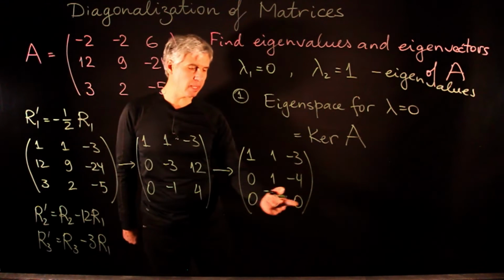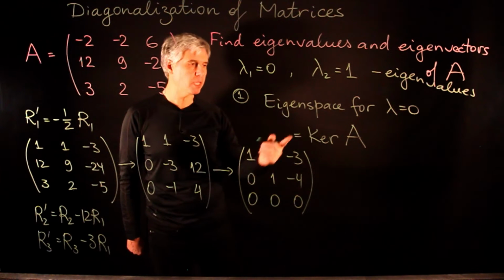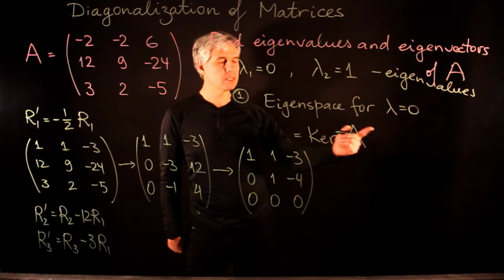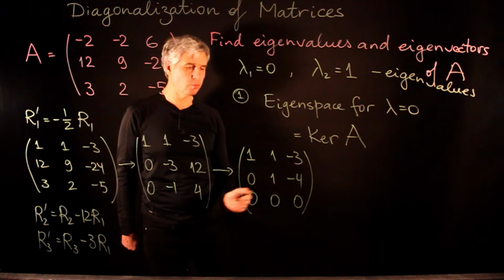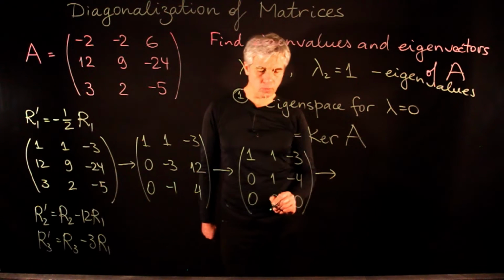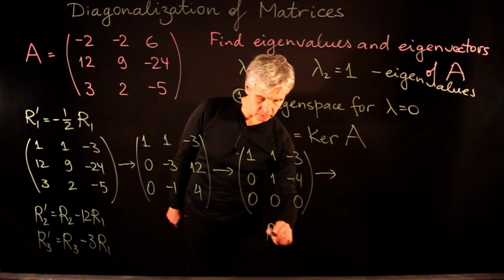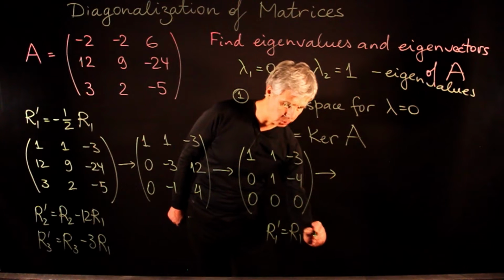We actually are guaranteed that if we are treating an eigenvalue of a matrix, then A minus lambda I will have a 0 row in its row echelon form. Now to find the reduced row echelon form, the last step is new row 1 is row 1 minus row 2.